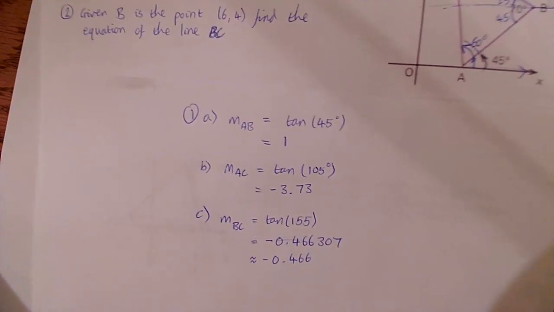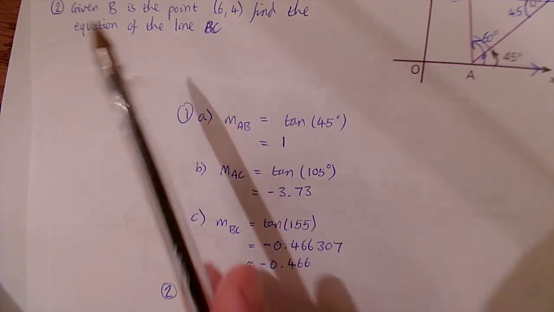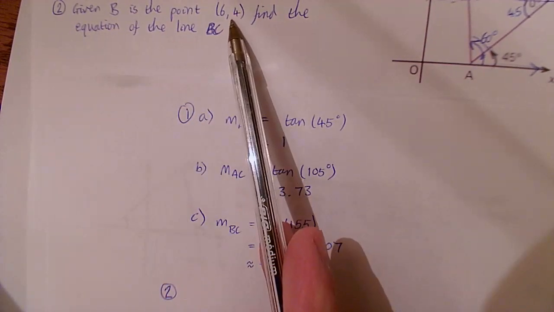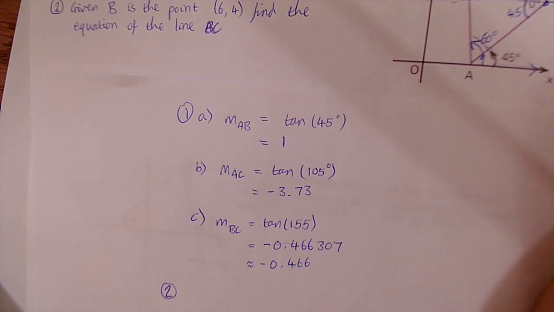Now, we've got a part 2 to this question. You can see I've added a part 2, but it's something that is an important skill. Given that B is the point (6, 4), so we're given this extra piece of information about the point B, then find the equation of the line BC.